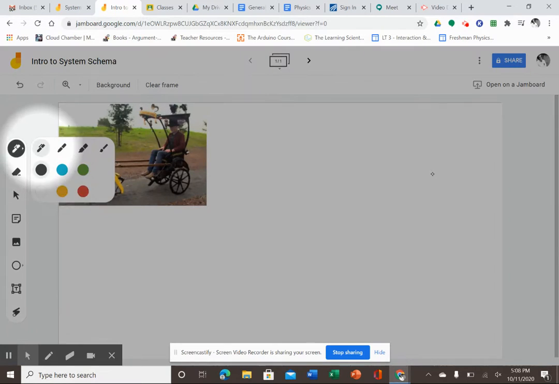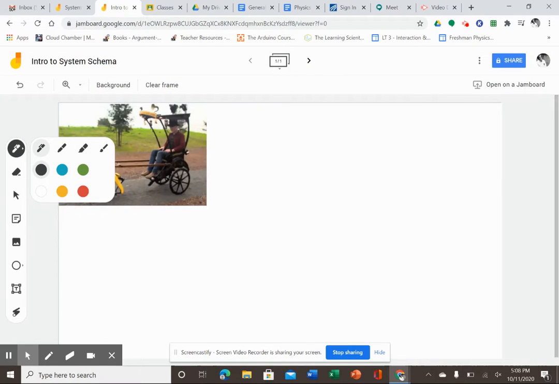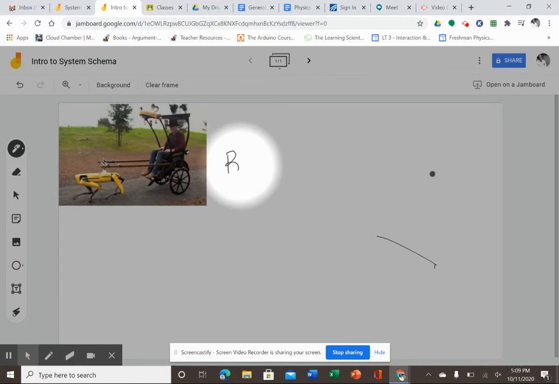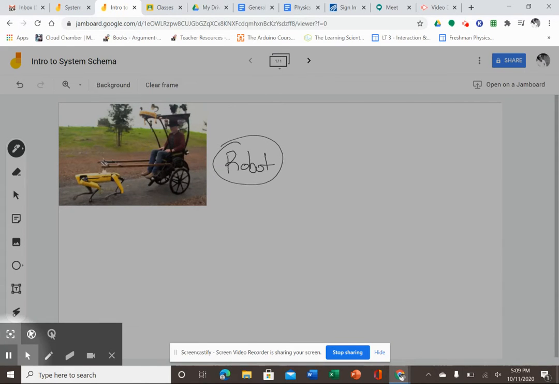First thing I'm going to do is draw a layout of the different objects that are interacting. So I'm going to separate each one out and name them and circle them, separating them out how they're laid out here. So that right there is the robot. Robot, circle it. Then the next item that I'm going to identify is the rickshaw.